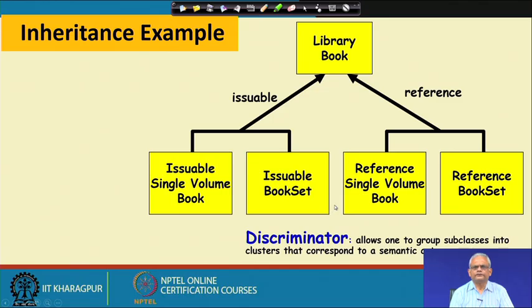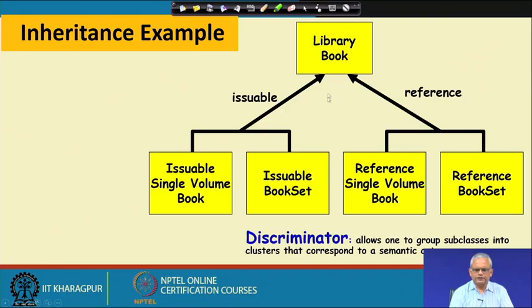We often have many classes derived from a base class, but it is a good idea to use a discriminator based on which these derived classes are defined. For example, the library books can be issuable books or reference books.